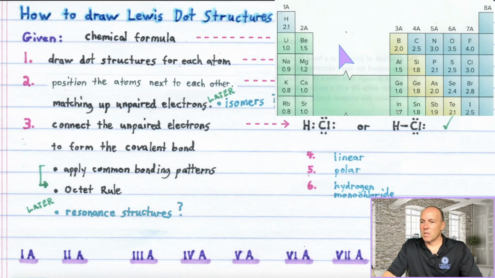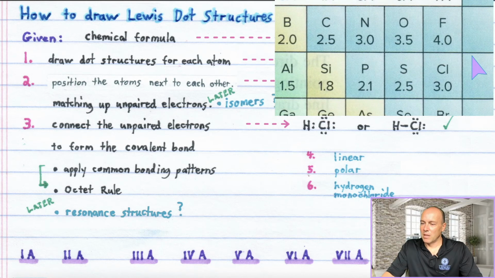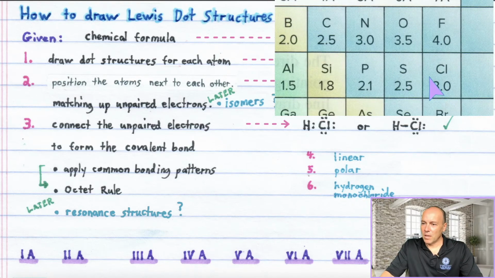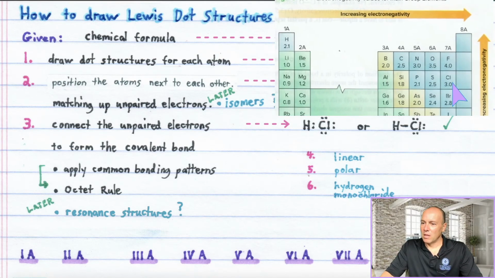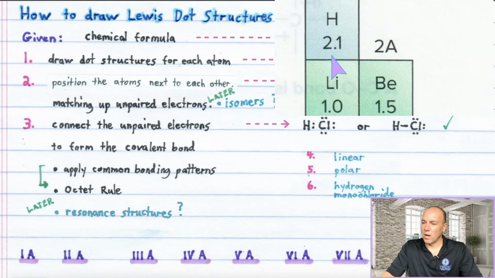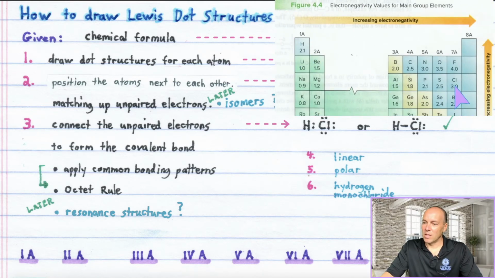Okay, this table is a table of electronegativities, and each element has a number associated with it. The higher the number, the greater the ability of the atom to pull electrons. And so looking at chlorine, it has an electronegativity of 3, and hydrogen has an electronegativity of 2.1. So that's a difference of 0.9. Chlorine has an electronegativity 0.9 greater than that of hydrogen, so it's more electronegative than hydrogen is.